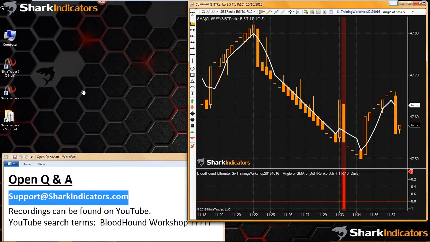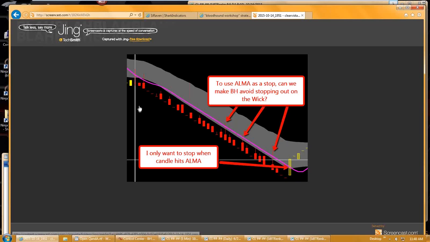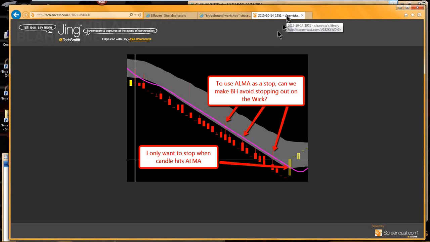So here's the link to that ALMA indicator, and let's pull up our web browser. Okay, yeah, that's right. So here's the screenshot that Mark prepared for me. Yeah, that's pretty self-explanatory. So we don't want to stop when the wicks touch, but just when the body touches.